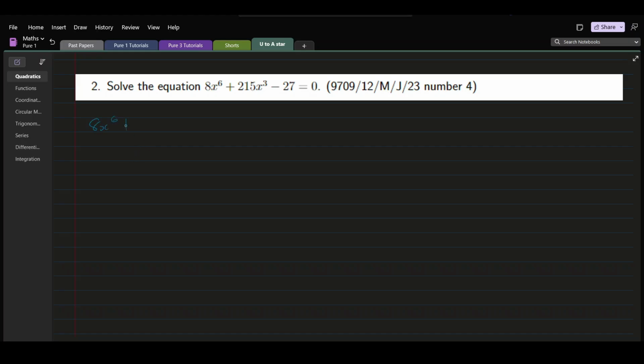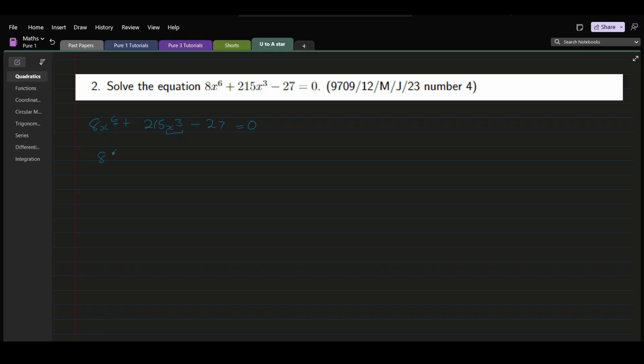8x to the power 6 plus 215x cubed minus 27 is equal to 0. So to solve a hidden quadratic, we're going to rewrite the highest power, in this case 6, in terms of the lowest power. So we want to rewrite x to the power 6 in terms of x cubed.